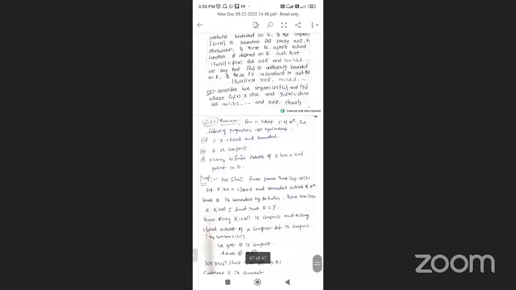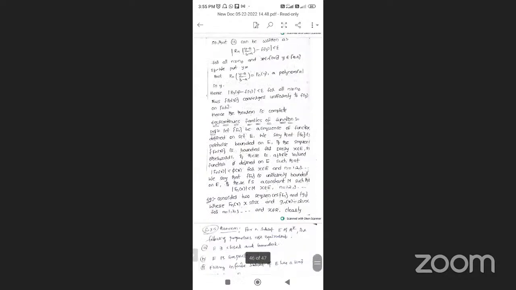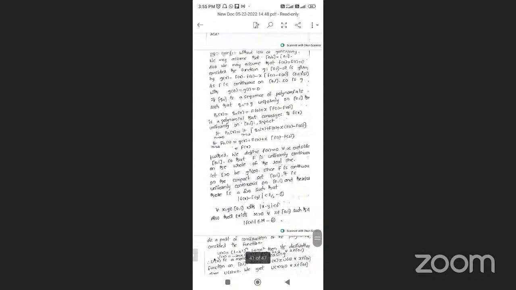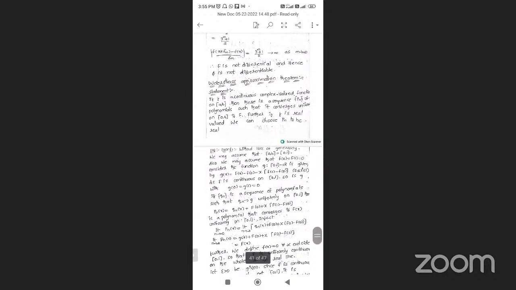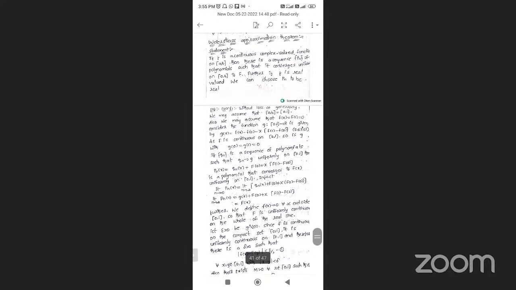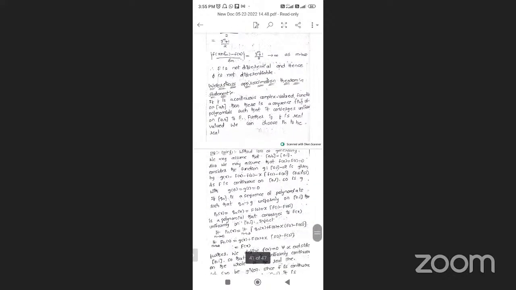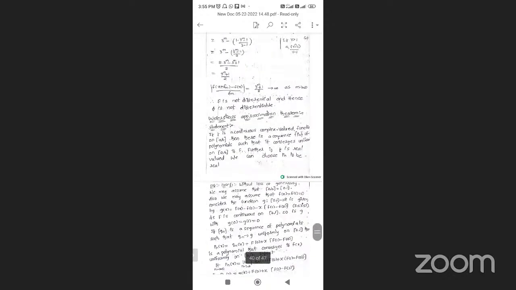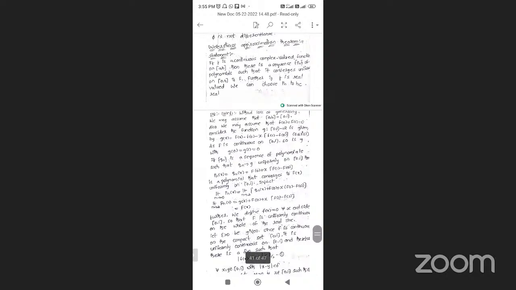This is the statement of the Weierstrass approximation theorem. We have to understand it clearly, along with the Weierstrass M-test, uniform convergence and differentiation.